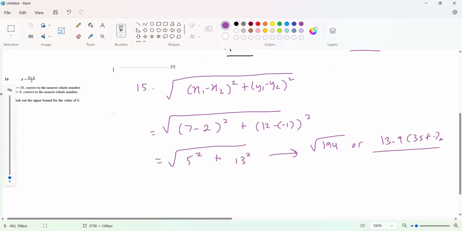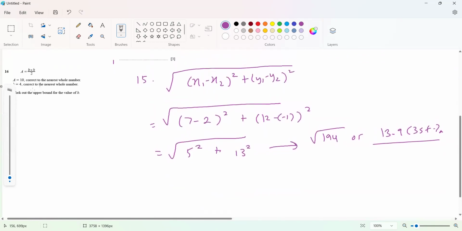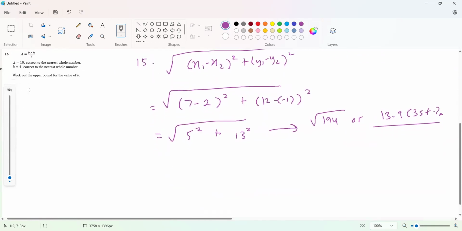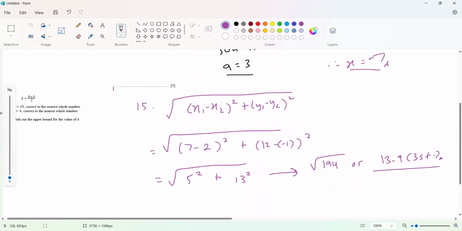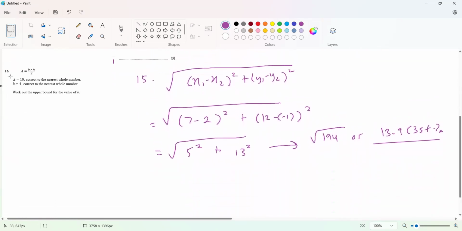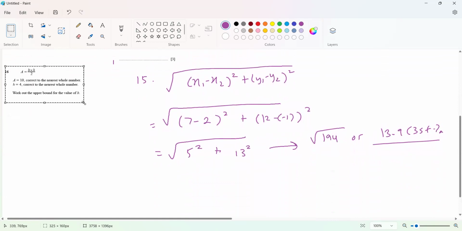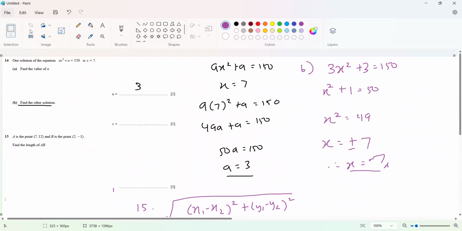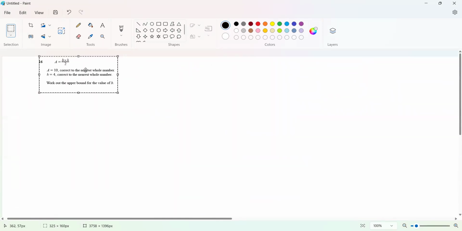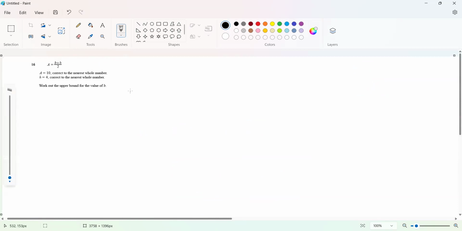So moving on to question 16. For question 16, they have a equals 10 and h equals 4. Actually, I should move this a bit because it's in the way. Okay. So from here, a is correct to the nearest whole number, and h is 4, also correct to the nearest whole number.